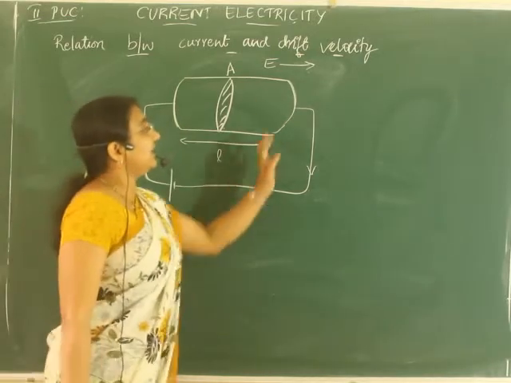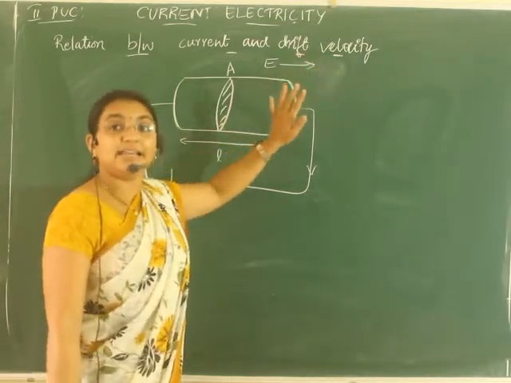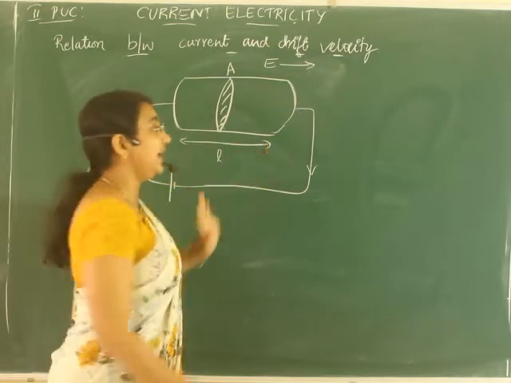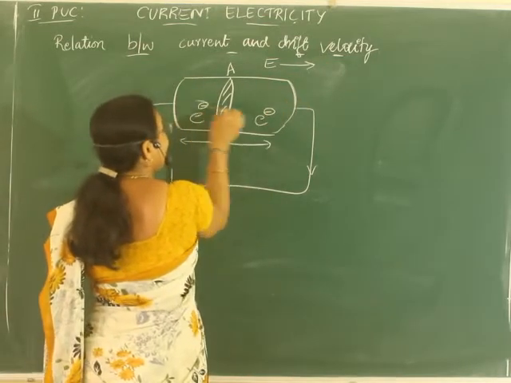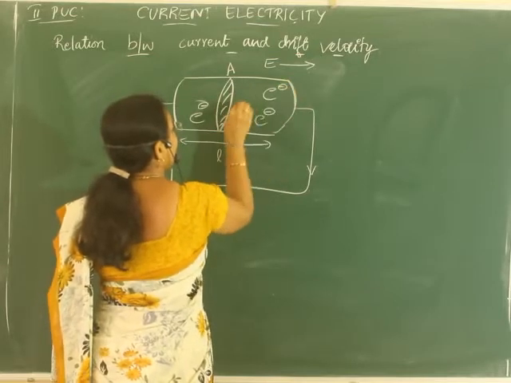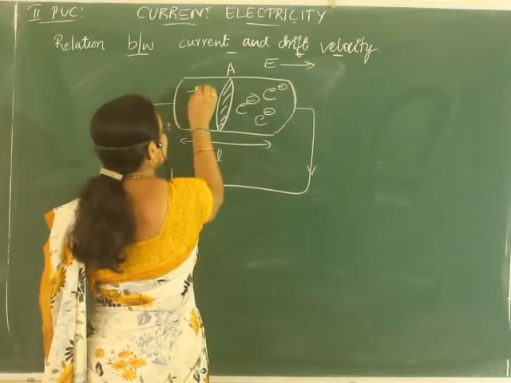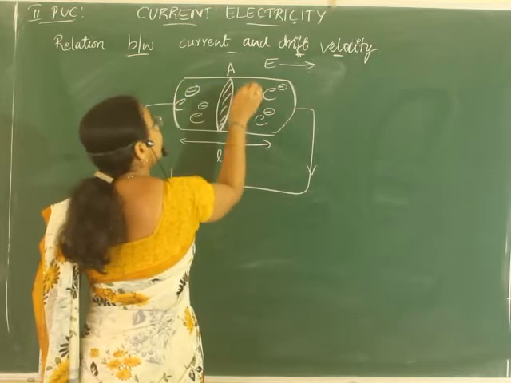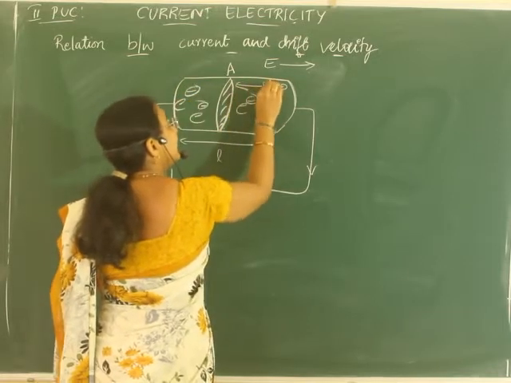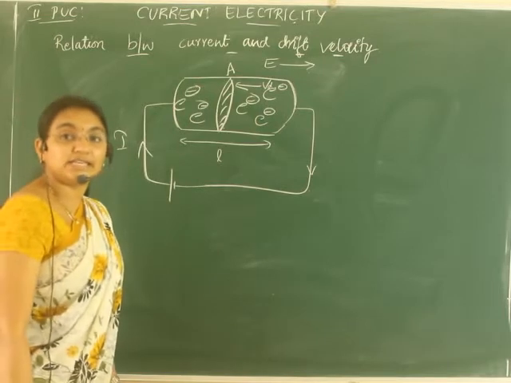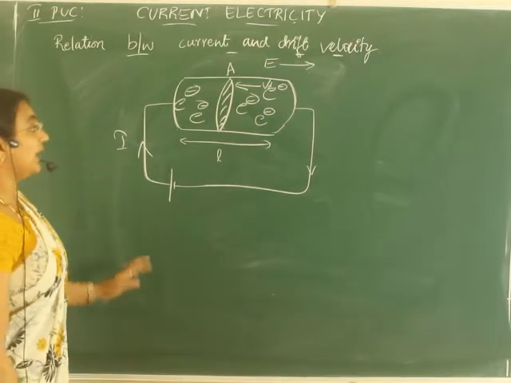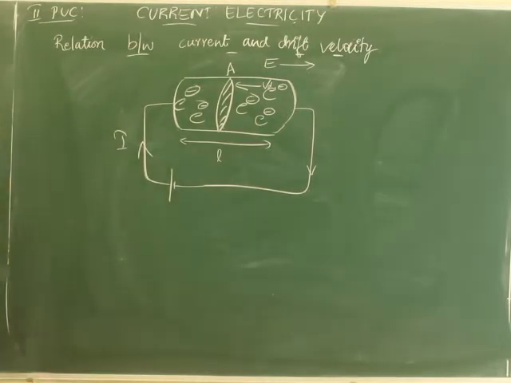When the external electric field is applied, the electrons will be drifted with the velocity. How much velocity? Velocity Vd, correct? Electrons will be drifted with the velocity Vd. Okay, electrons will start moving.